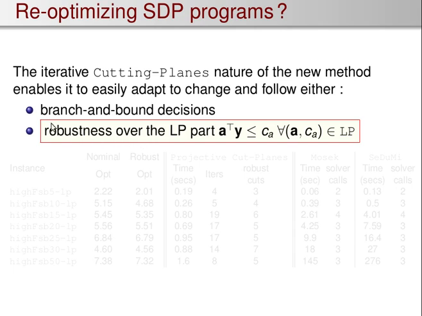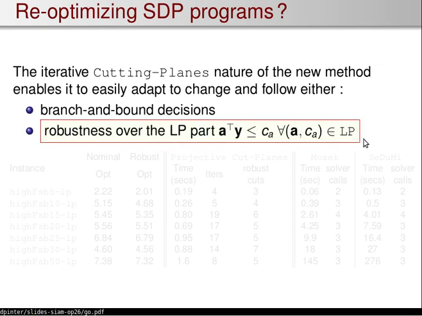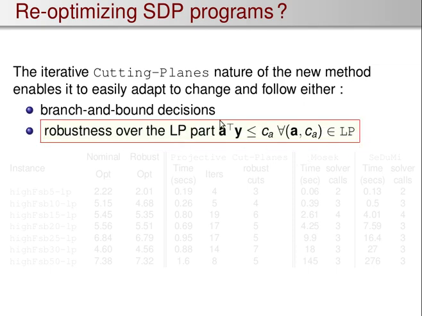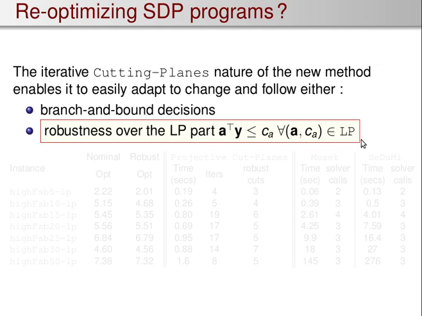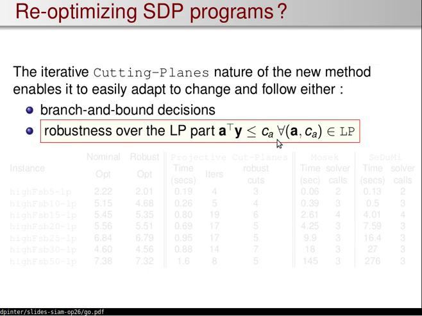By implementing the robustness over the LP part, which means that each linear constraint in the LP part can explode to an infinite number of other linear constraints which are motivated, for instance, by errors in physical measurements. The coefficients here can represent some physical measurements.